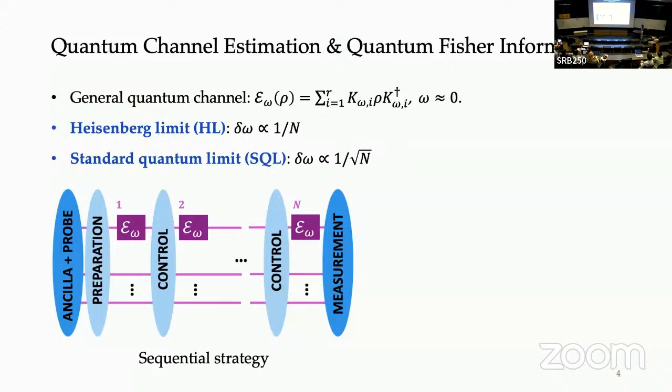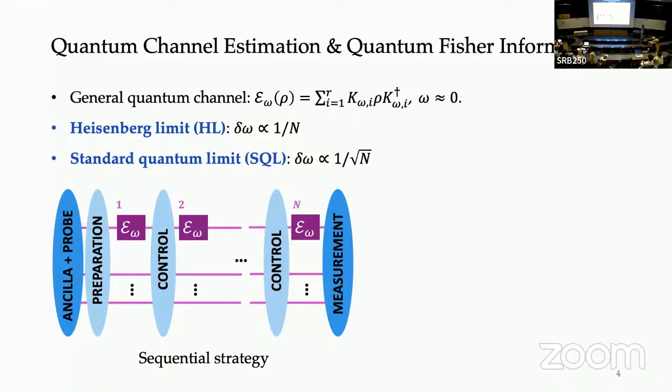And then here is something called a sequential strategy, which is one type of quantum control you can apply to sense this unknown parameter. In this case, you are allowed to have an arbitrary input state, an arbitrary quantum control you can apply during the evolution, and finally a quantum measurement.